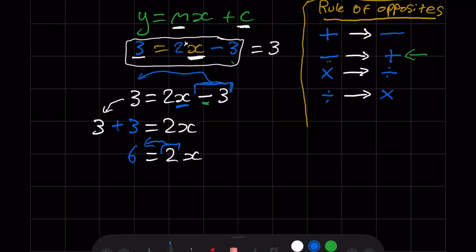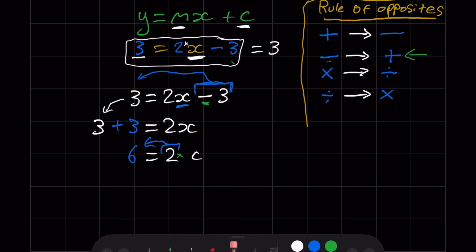To do that, we need to write the opposite of its current operation. Now this 2 is a positive 2, but it isn't plussing. There's a difference there. What is this 2 and the x doing together? What is that operation in between? Hopefully you know that in between this 2 and the x is a little multiplication sign.